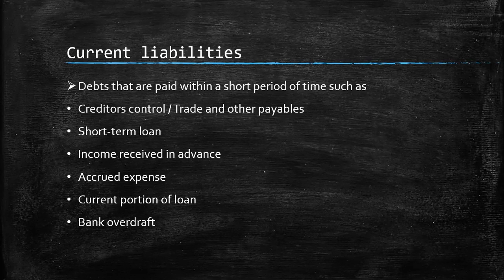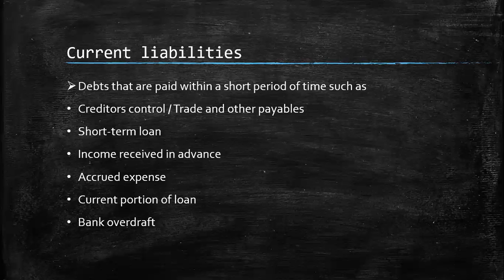So the common question is that, why is income received in advance a liability? So as a businessman, if I receive a tutorial fee in advance, I will be liable to offer a service. So it's sort of a debt to me because I've received income in advance.